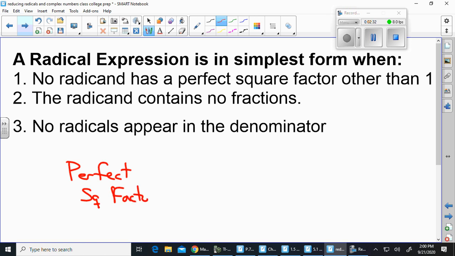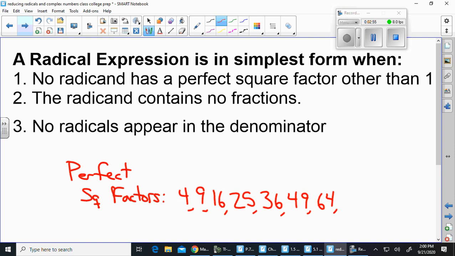Well, your perfect squares are taking your first numbers and squaring them. 1 squared is 1. 2 squared is 4. 3 squared is 9. 4 squared is 16. 5 squared is 25. 6 squared, etc.